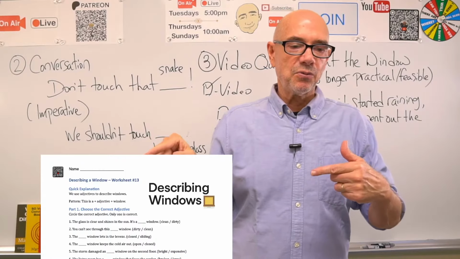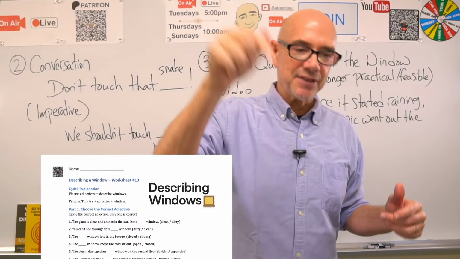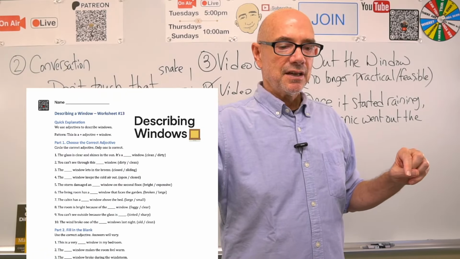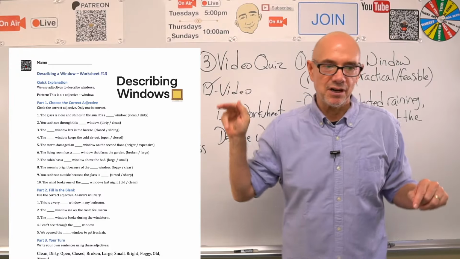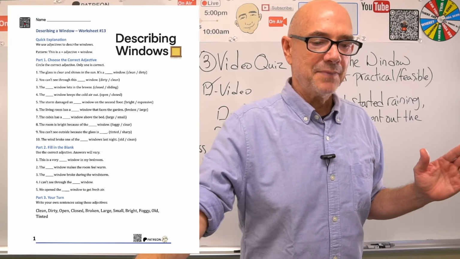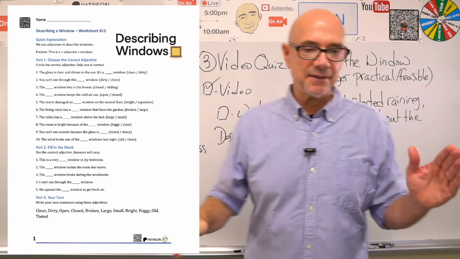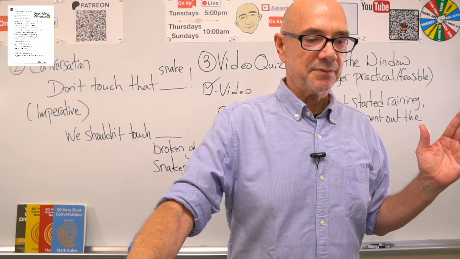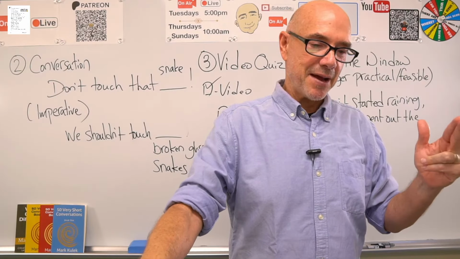So part 1, you choose which adjective for the sentence, which word. Part 2, you choose a word for the sentence. Then part 3, you make sentences using the adjectives. And then part 4, which is the next page, remember what we do? Remember?